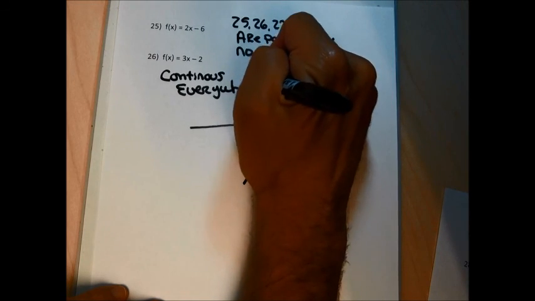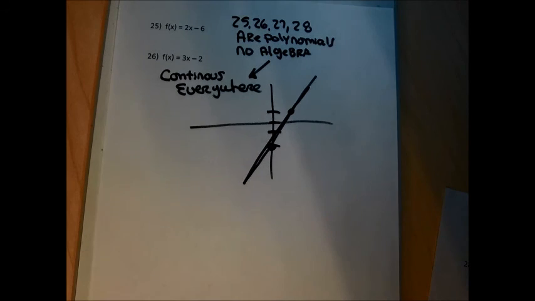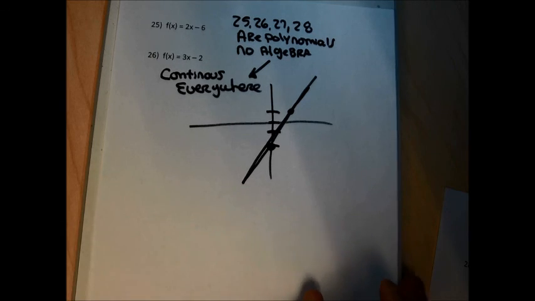The answer for each of problems 25, 26, 27, and 28 is that they're continuous everywhere, because I'll be able to draw the graph without lifting up my pencil. So for 25, you can draw a graph and say it's only one continuous graph. I didn't have to pick up my pencil to draw 2 segments, so it's continuous everywhere. There are no points of discontinuity.